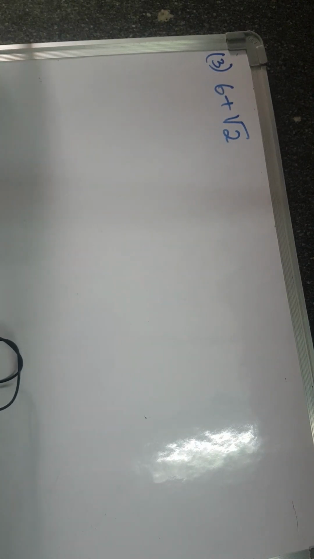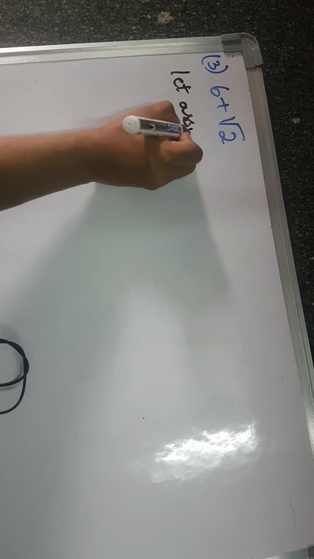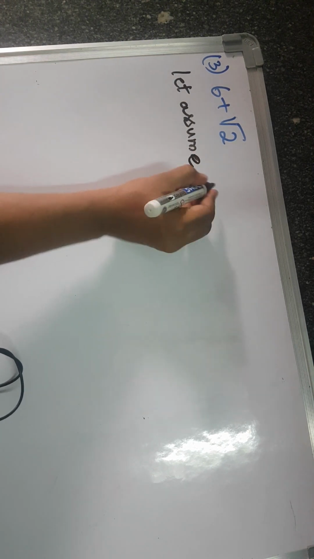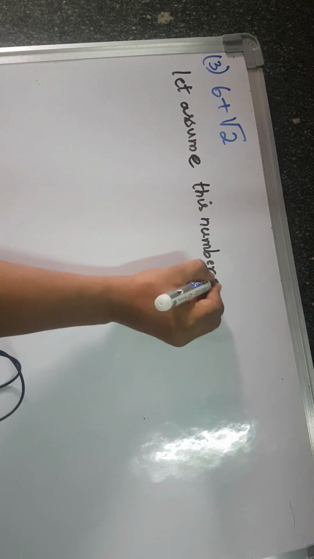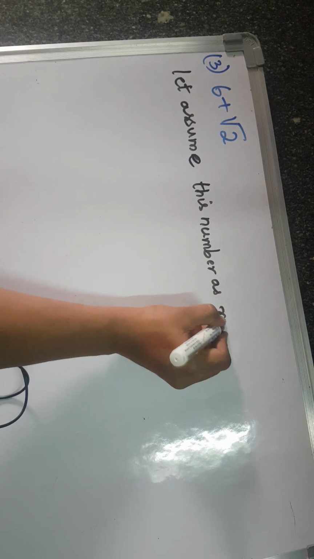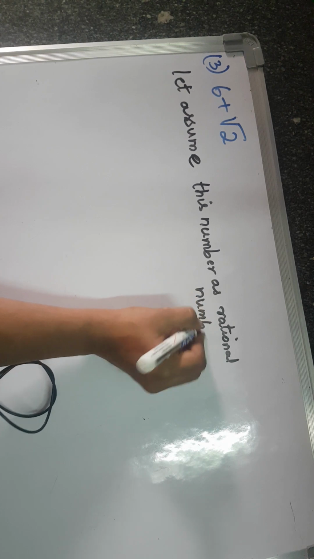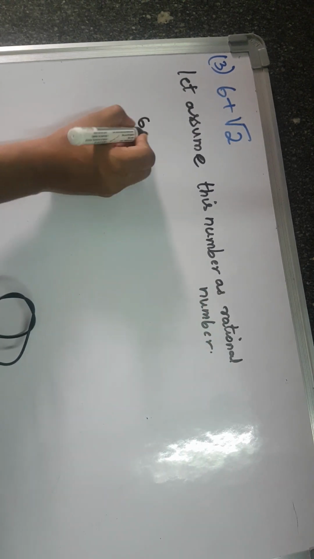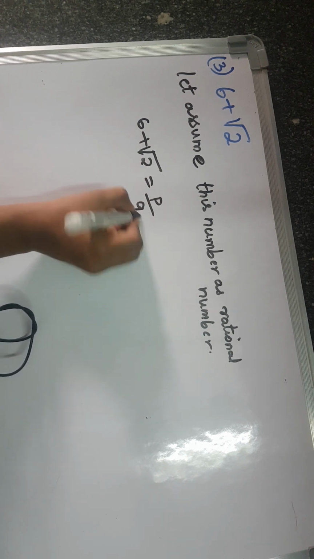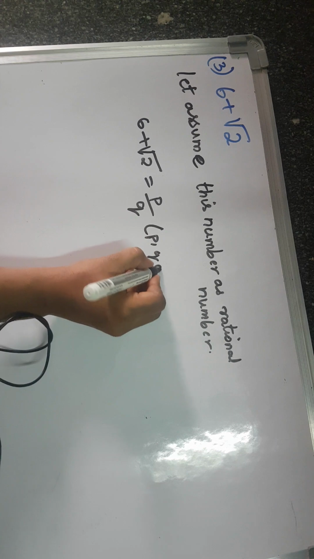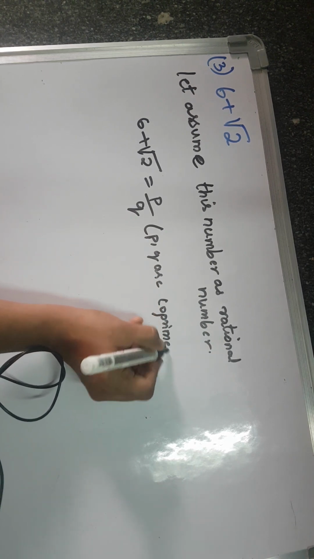Let us assume this number as a rational number. 6 plus root 2 equals p by q, where p and q are co-primes, which have the common factor 1.